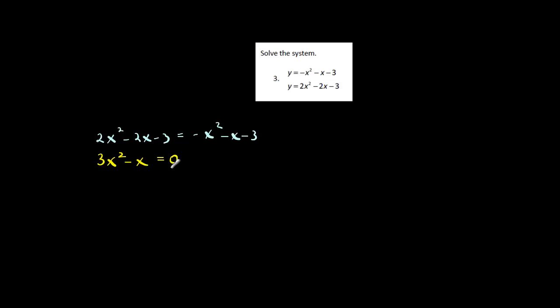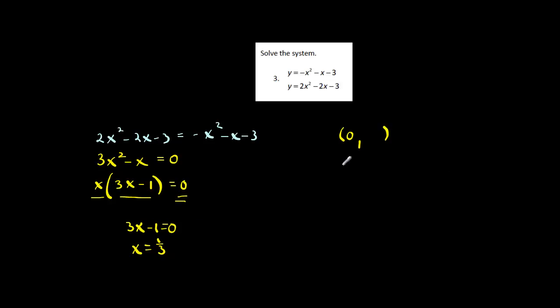So we want to factor this. We have a greatest common factor, which is an x. So we factor that out, and we get this. So that means x equals 0 is 1, and 3x minus 1 equals 0. So if we add the 1 and divide by the 3, we get x is 1/3.